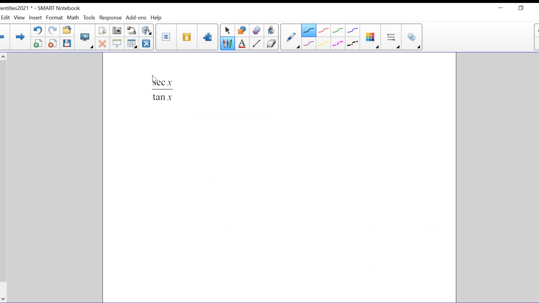I have secant on top, I have tangent on the bottom. We said from the very first page that secant is the same thing as 1 over cosine. So I'm going to write that down. That's what secant is. And then I also said that tangent was sine over cosine, so I'm going to write that as my denominator.